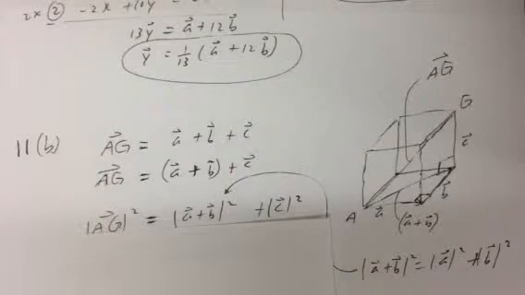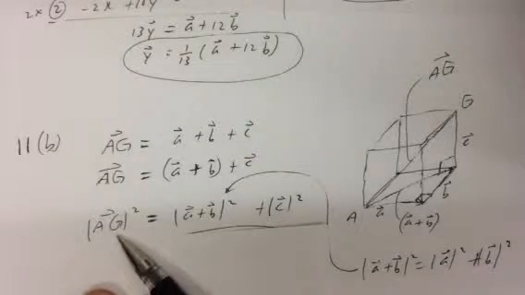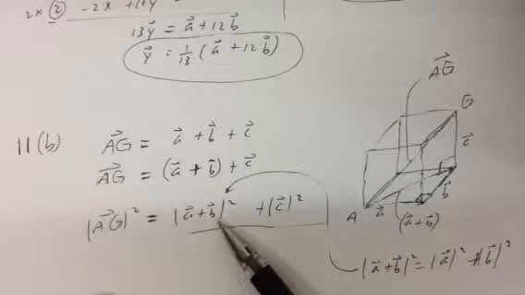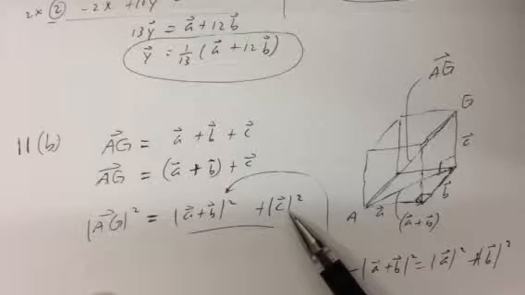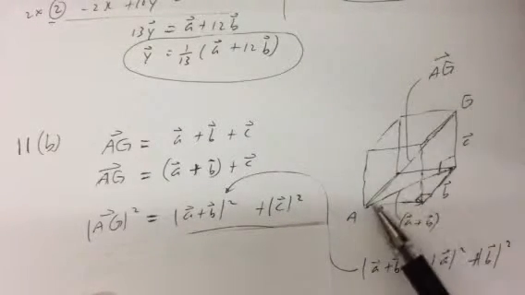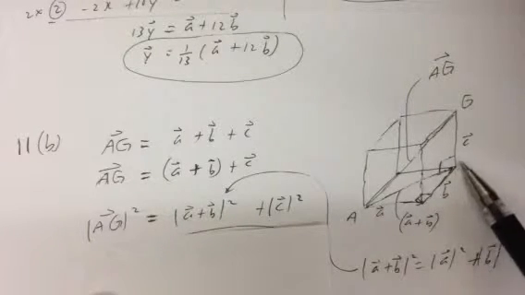Right. But before we get to that, let's write the formula for AG. So AG is the magnitude of a plus b all squared plus the magnitude of c squared. That's Pythagorean theorem. So AG is the hypotenuse, a plus b is the bottom side of the right triangle, and c is the other side of the right triangle.